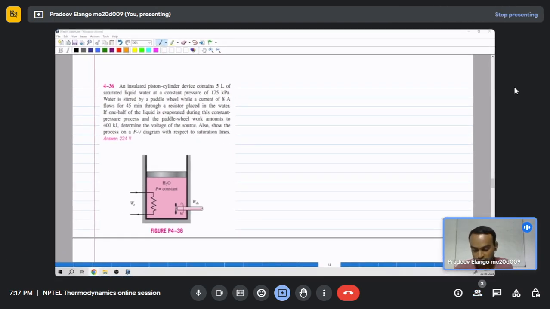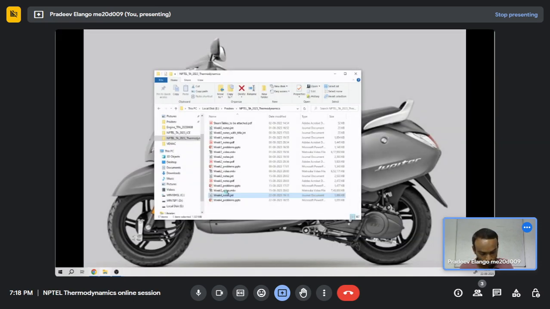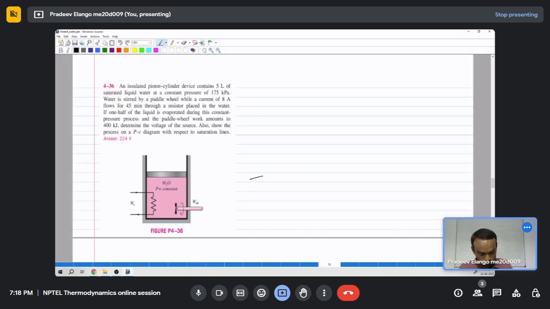We have an insulated piston cylinder device that contains 5 liters of saturated liquid water at a constant pressure of 175 kilopascal.